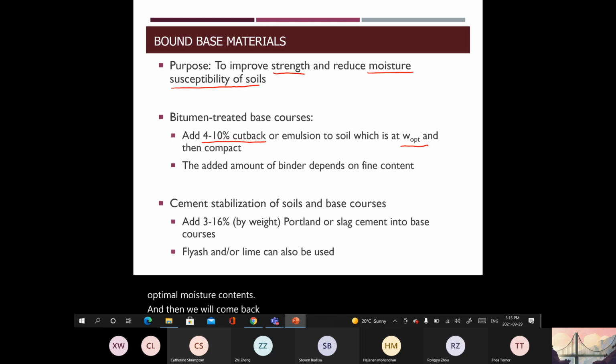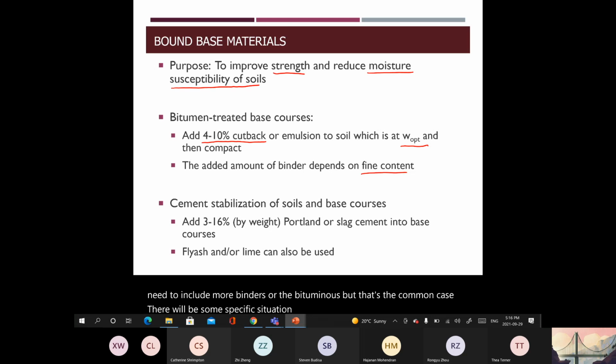The amount of the binder applied to these aggregates will also depend on the percentage of the fine content of the soil. Usually with a larger percentage of fine content, we need to include more binder or bitumen. But that's the common case. There will be some specific situations.